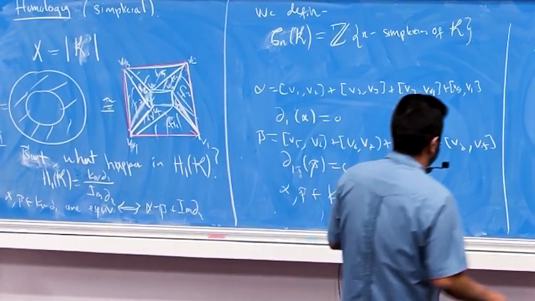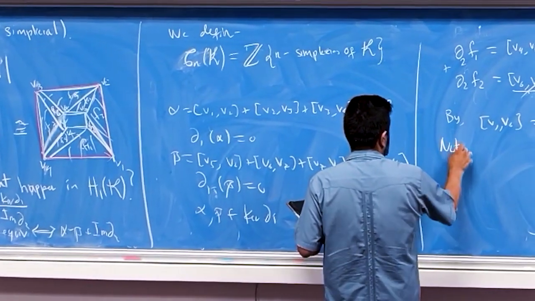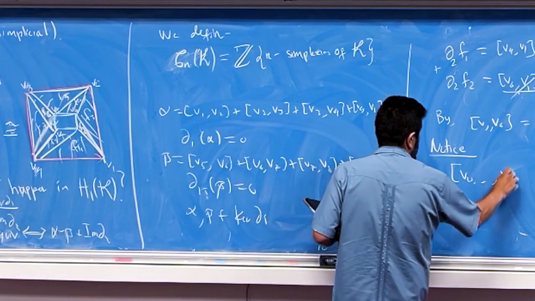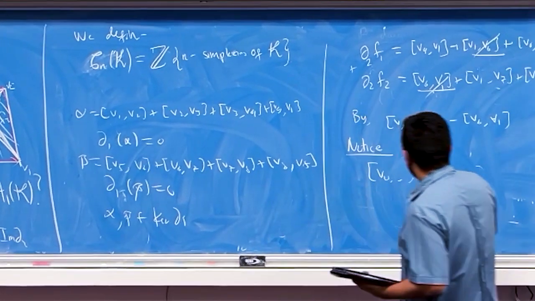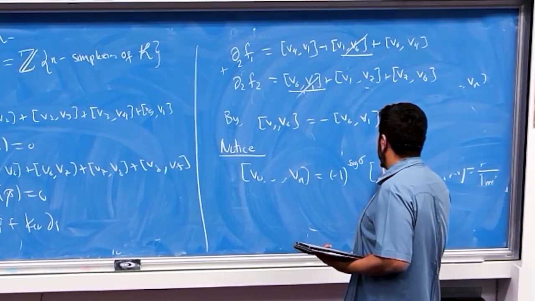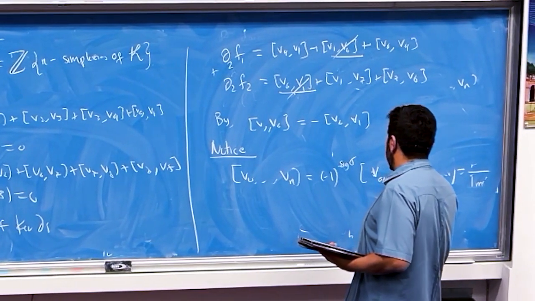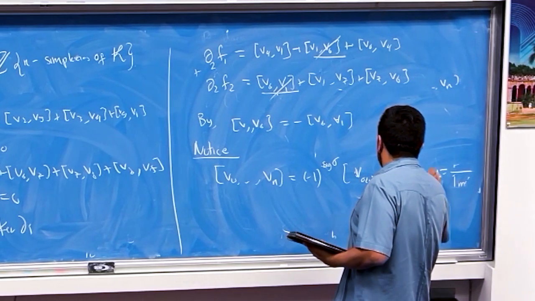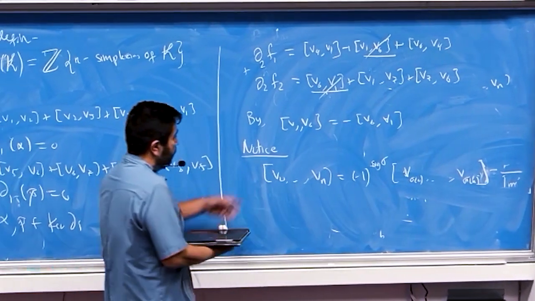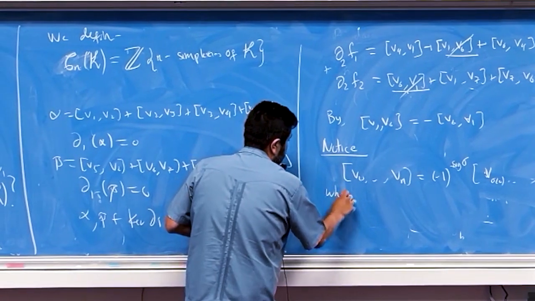There's something that I forgot to mention. In general, I will have that this simplex is going to be minus 1 to the sign of sigma times V sigma 0, V sigma 1, up to V sigma n, where sigma is a permutation.